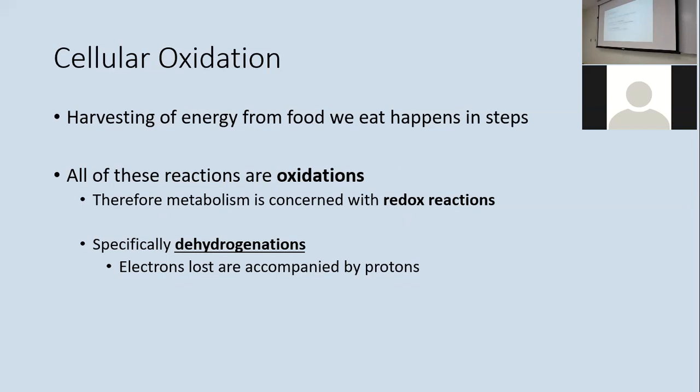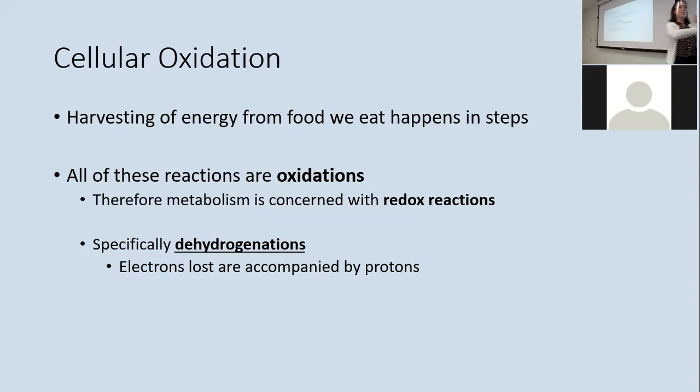Specifically, dehydrogenations, which is a weird word, but it's fine. It's just a special kind of redox reaction. If we oxidize something, we're taking electrons off. If it's a dehydrogenation, we're pulling electrons off and we're also taking some protons, right?